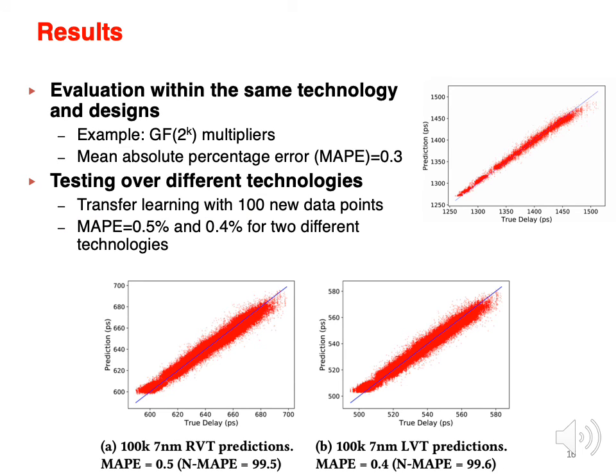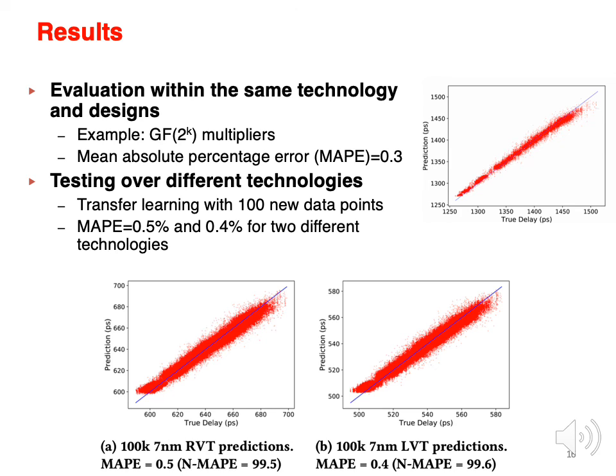The first set of results here demonstrates how our approach performs in terms of cross-technology estimation. In this case, we pick the Galois field multiplier dataset collected on 40 nanometer for initial training, and we use 100 data points on 7 nanometer technology to do transfer learning. Notice that this is still within the same design, but different technologies. First, we can see that within the same technology, the training and testing are all on 40 nanometer, which is the first figure, and it fits extremely well along the y equals x line.